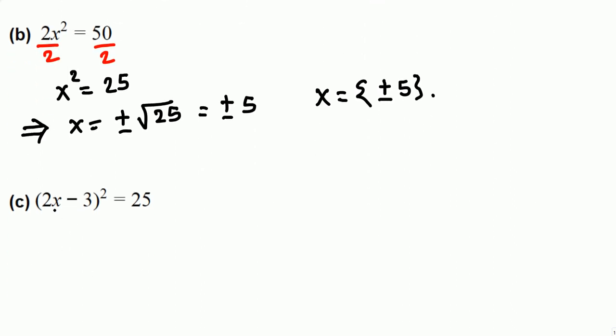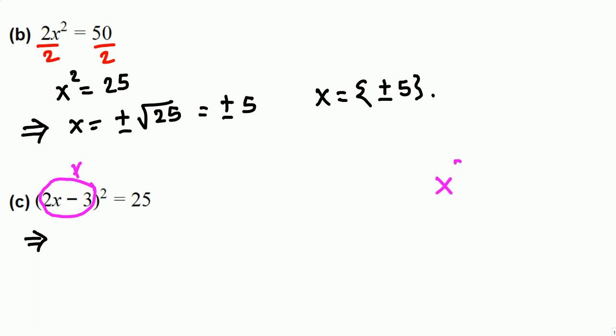So in this case we have something like x squared, but we have more. Still, we can think of everything as x. X squared equals a. If we think of 2x minus 3 as x, then it looks like x squared equals a. Then by the square root method, x means the whole thing, so we are assuming everything is x, and this reads x squared equals 25.